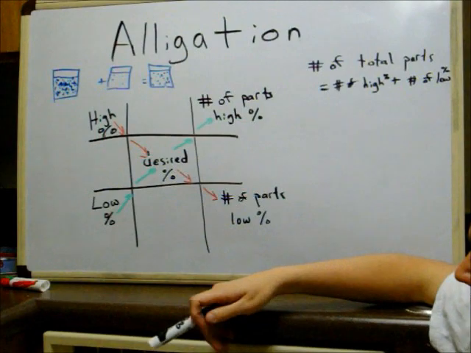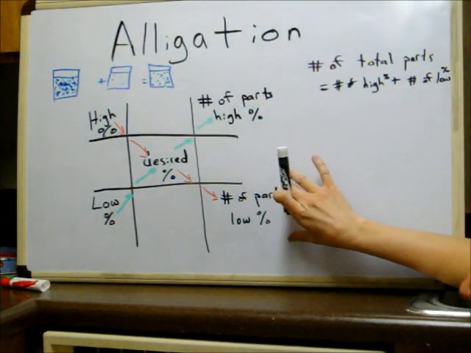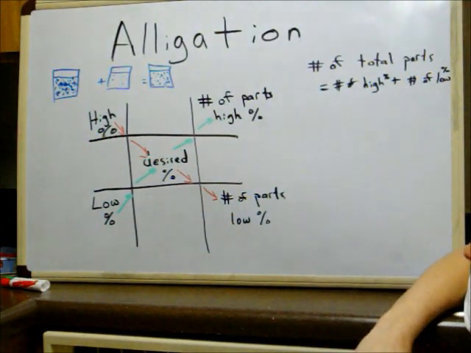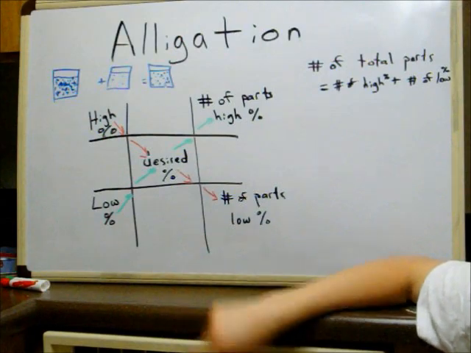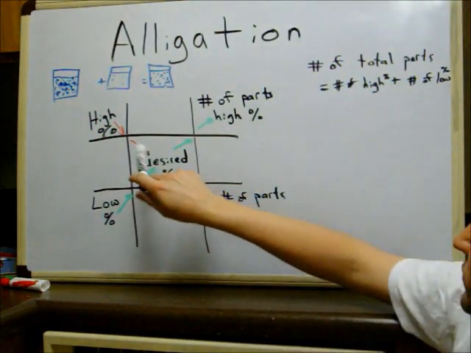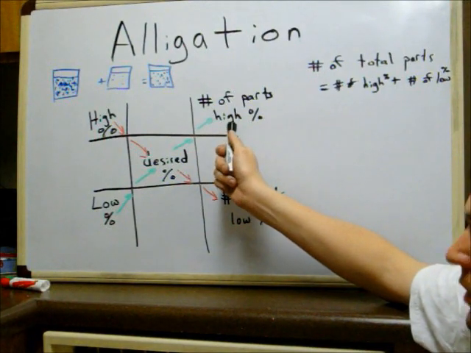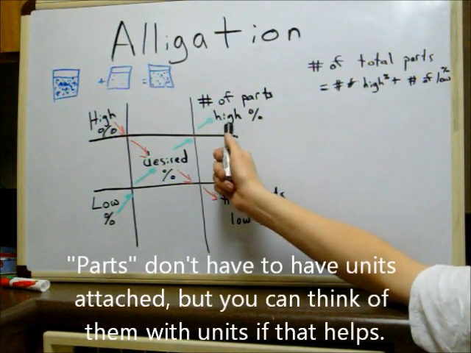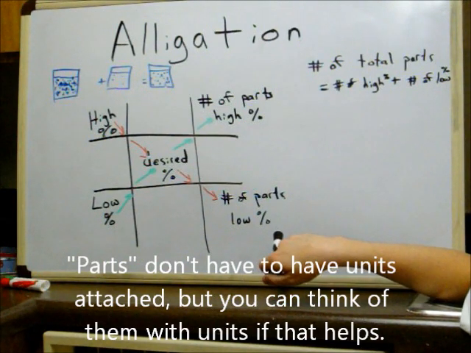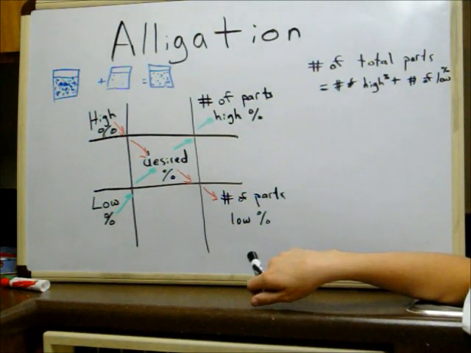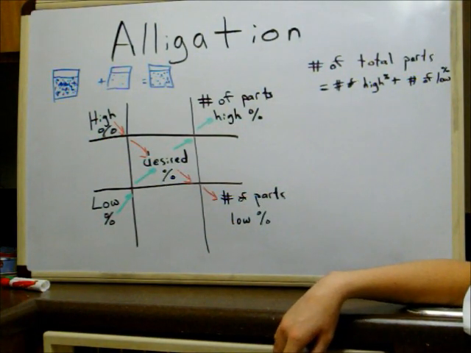Okay, then after that, the numbers that you get in these corners on the right tell you how many parts total of the high or low you're going to have. If it's in the upper right corner, this is how many parts of the high percentage you're going to have. And in the bottom right, this is the number of parts of the low percentage you're going to add. And a part is just any volume.